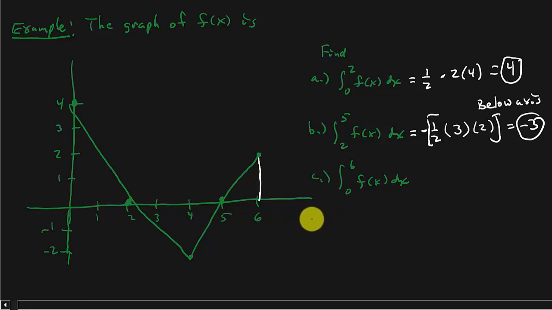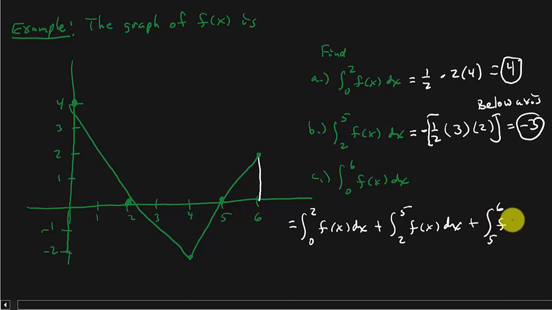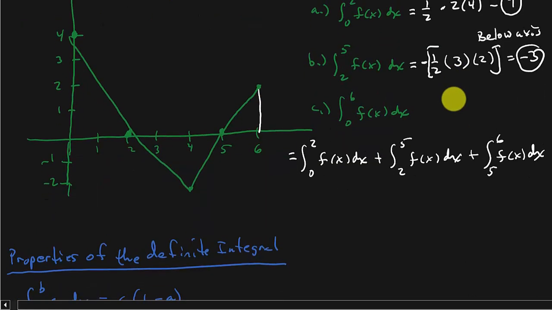So this is going to be 0 to 2 f of x dx plus 2 to 5 f of x dx plus 5 to 6 f of x dx. Getting close to running off the screen. All right.